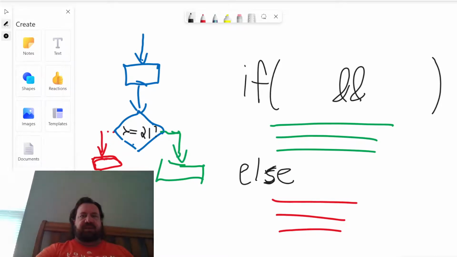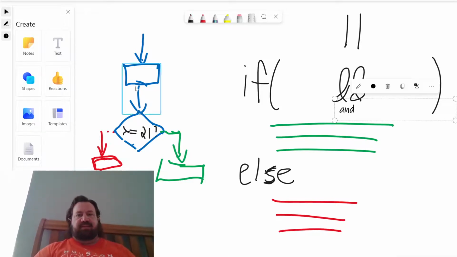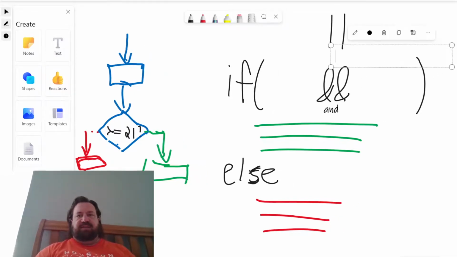Okay. Or we can combine them with vertical bar characters. The ampersands mean and, the vertical lines mean or.